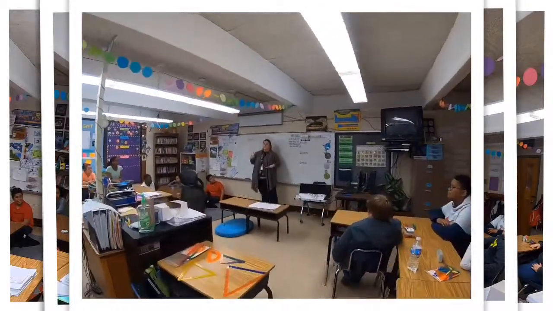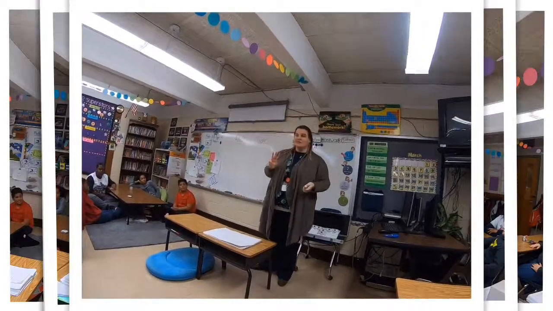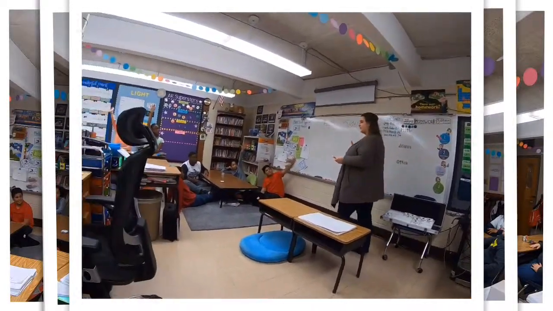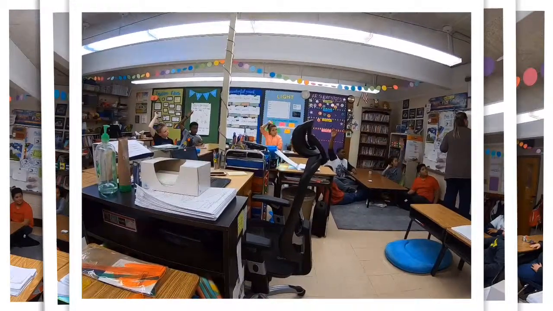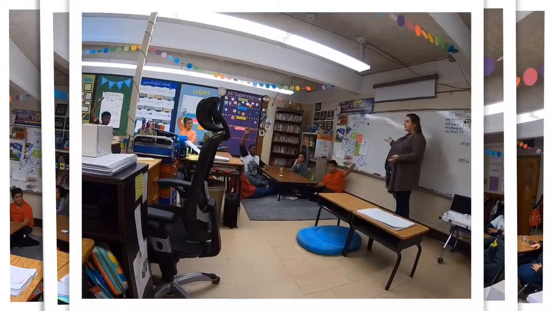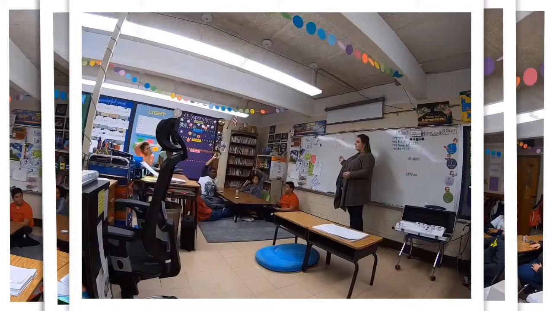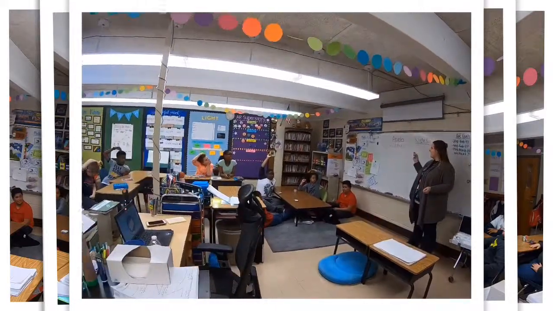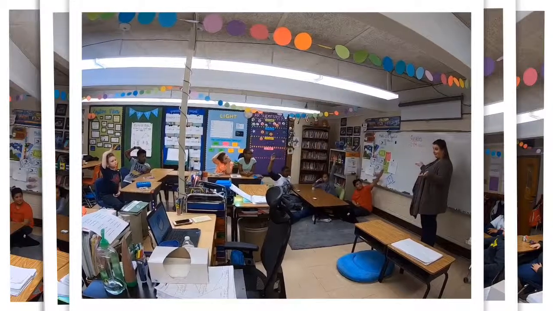There are 3 triangles that we can classify by angles. Give me one. Talia. Obtuse. And Talia, what does an obtuse triangle have to have? It has to have 3 sides, but what kind of angle does it have to have for obtuse?